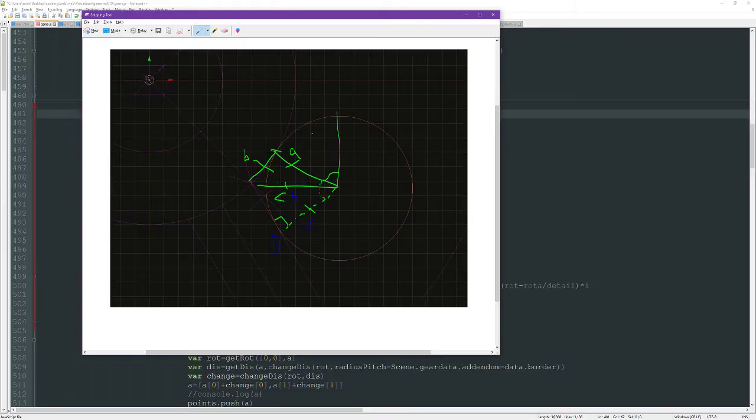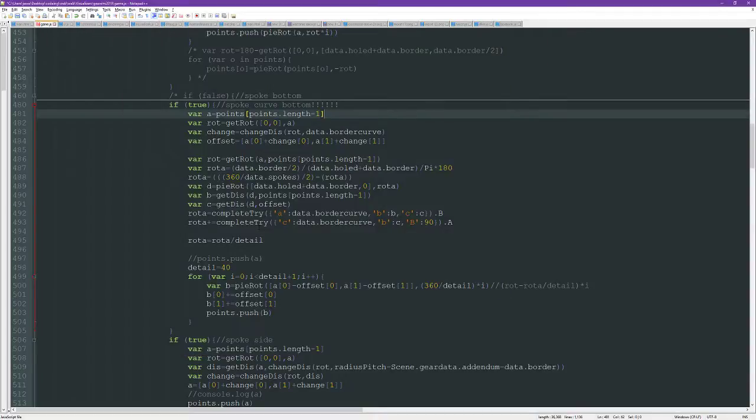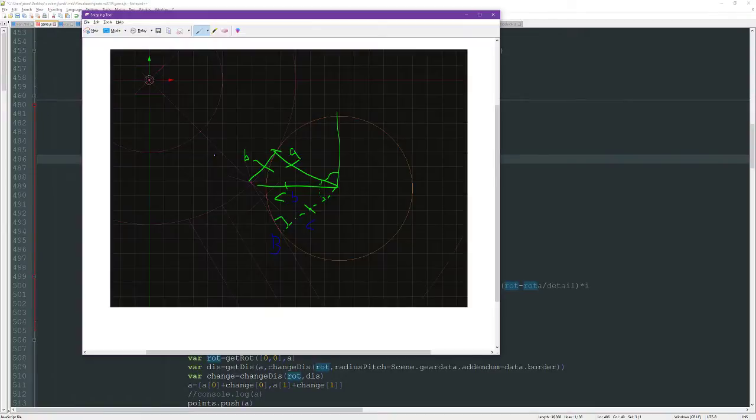So that location, what am I doing? Relative to the center. I don't need to do any initial rotations. So rot is pointless?